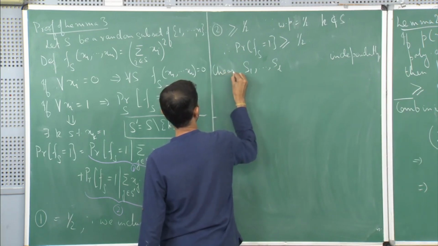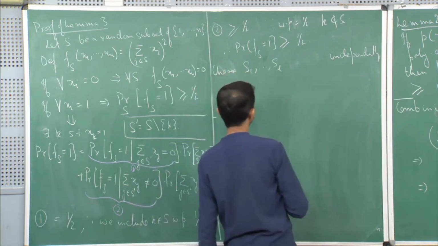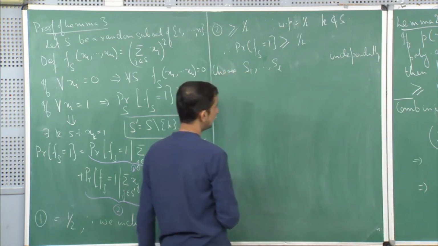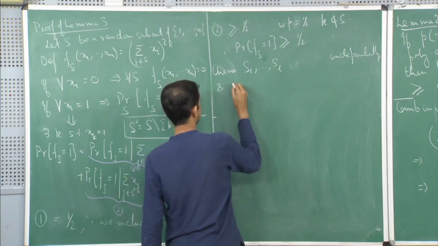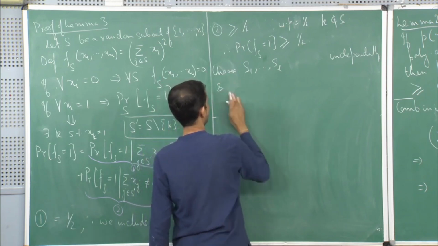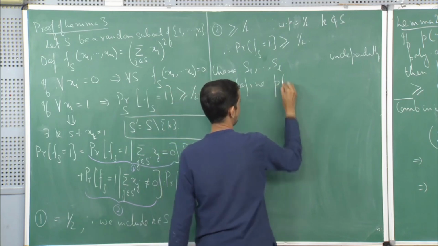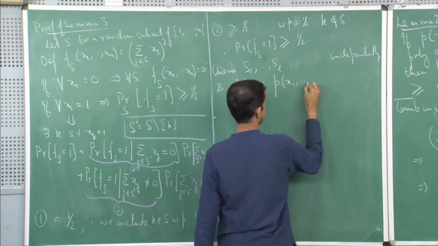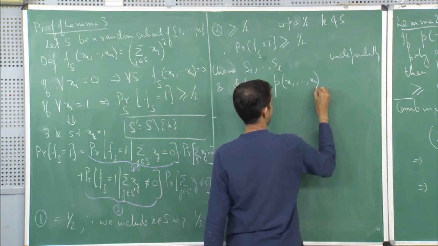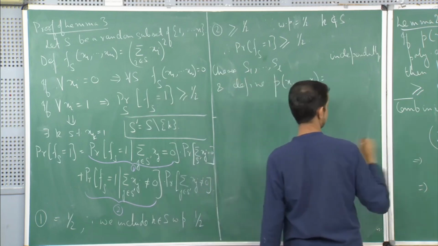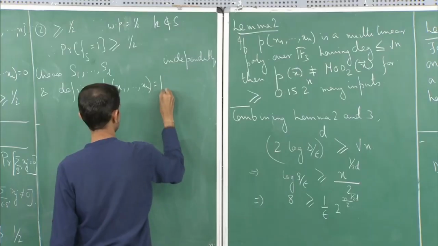Choose these subsets S1 to SL independently and define P of x in the same manner, but with respect to these subsets.